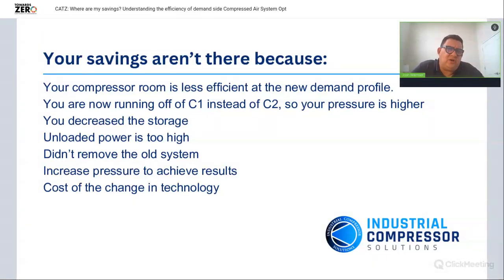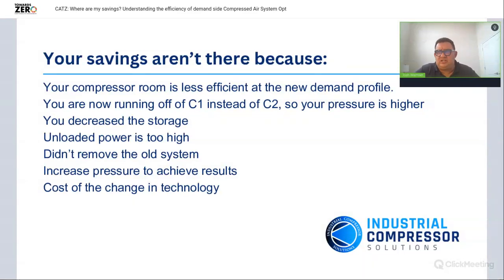If we try to use receiver tanks to cover intermittent demand, but we have to increase the pressure of the system to do it, to give us a differential pressure across the receivers to make them successful, well, now we're sacrificing the entirety of the system efficiency just for that one process, the attempt at process optimization. And then not only that, but there's a cost of the change in technology.